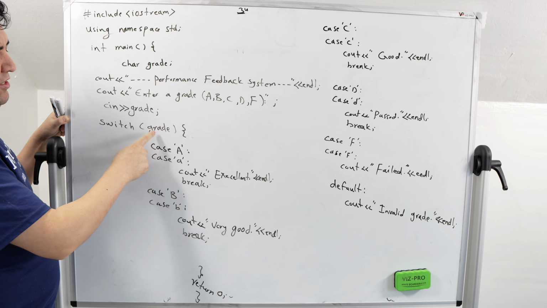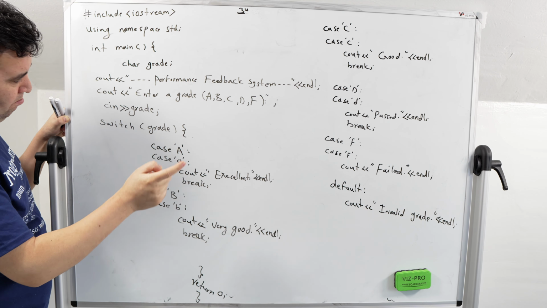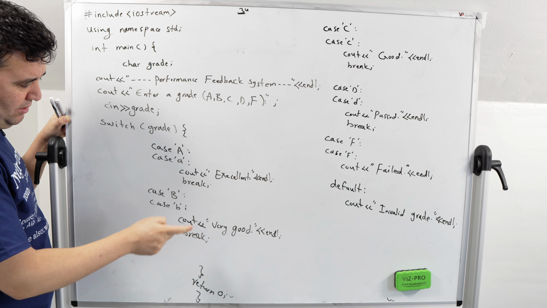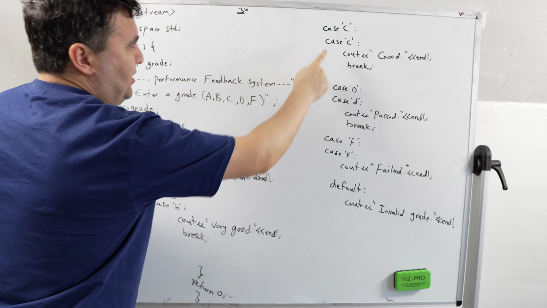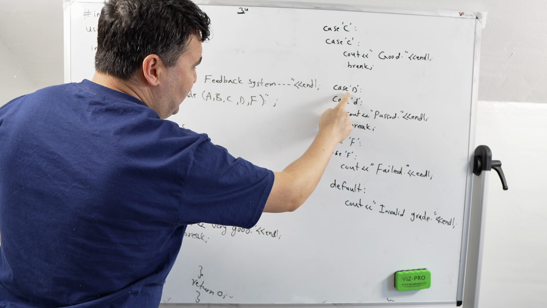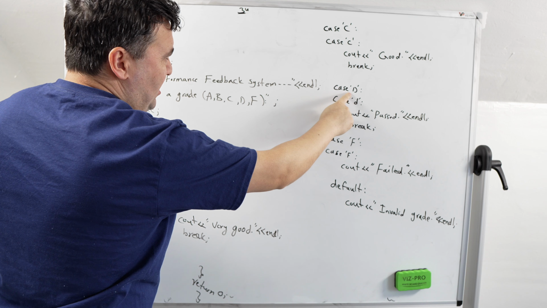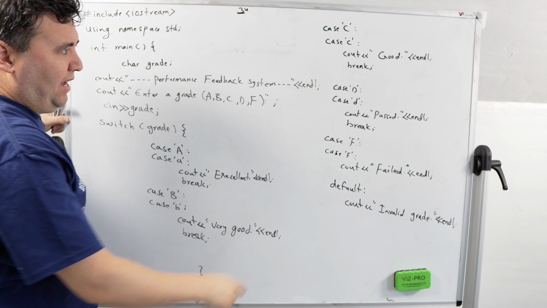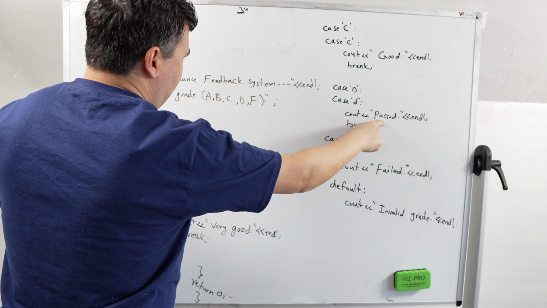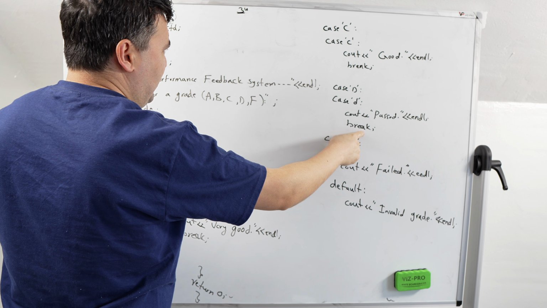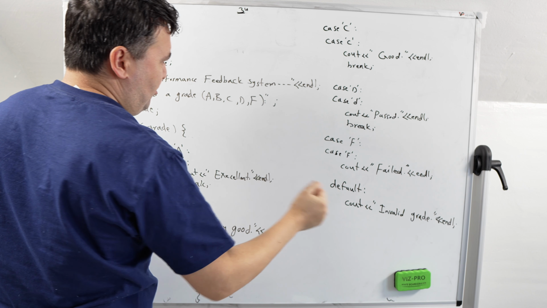And if the user enters D, the earlier cases will not be executed, and this case will be executed because D is equal to D, and now the program prints passed and then breaks the execution of the remaining part of the switch.